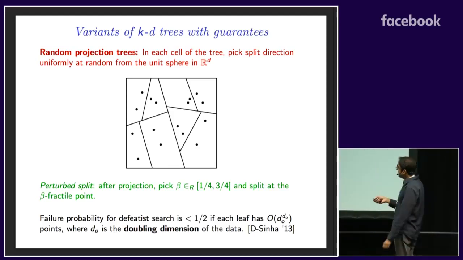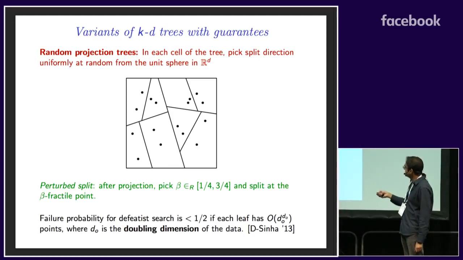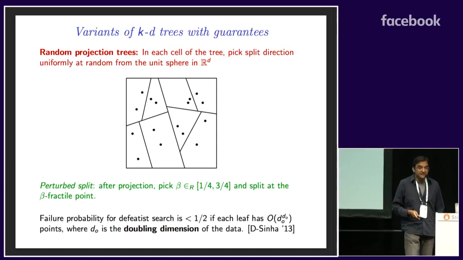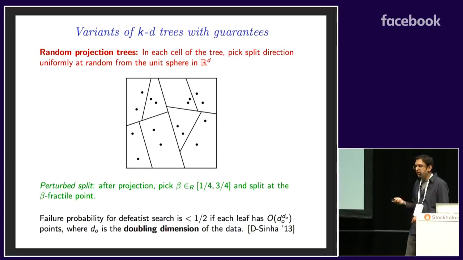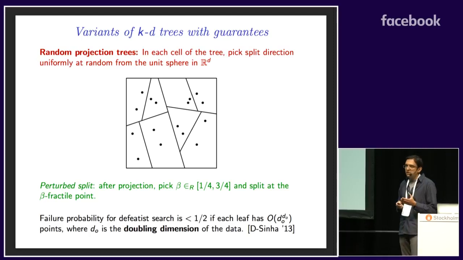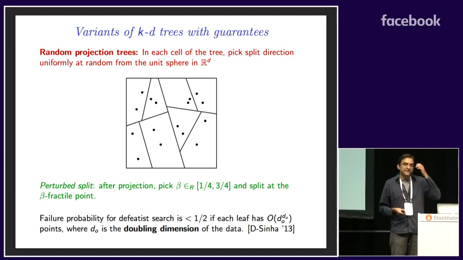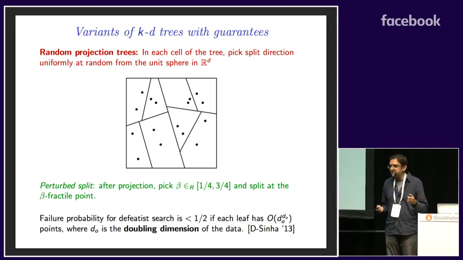Okay? The second thing going on over here is that the time complexity to answer a query is log n plus the number of points in a leaf. And the number of points in a leaf is exponential in this doubling dimension. And what I'll do now is spend a little bit of time talking about the doubling dimension because a lot of different notions of dimension have come up in developing nearest neighbor algorithms, okay?